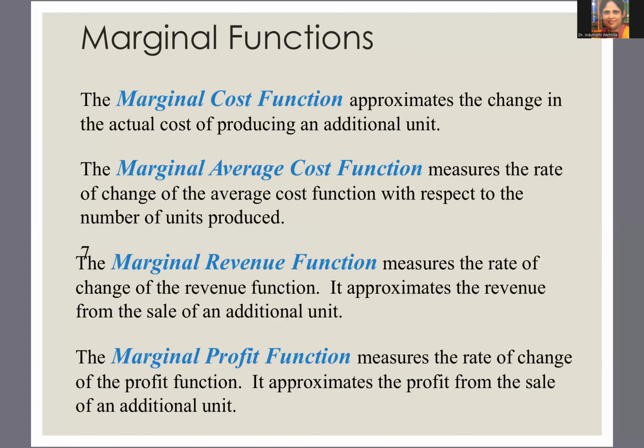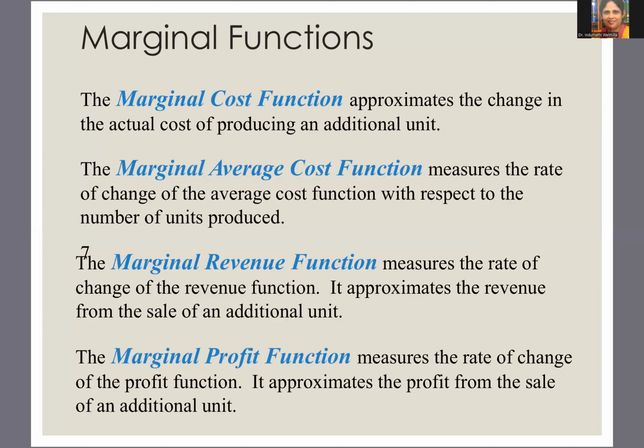First, the marginal cost function, you already know the meaning of that now. The marginal cost can be defined as the change in actual cost of producing an additional unit. Similarly, marginal revenue can be defined as the additional revenue added by an additional unit of output.